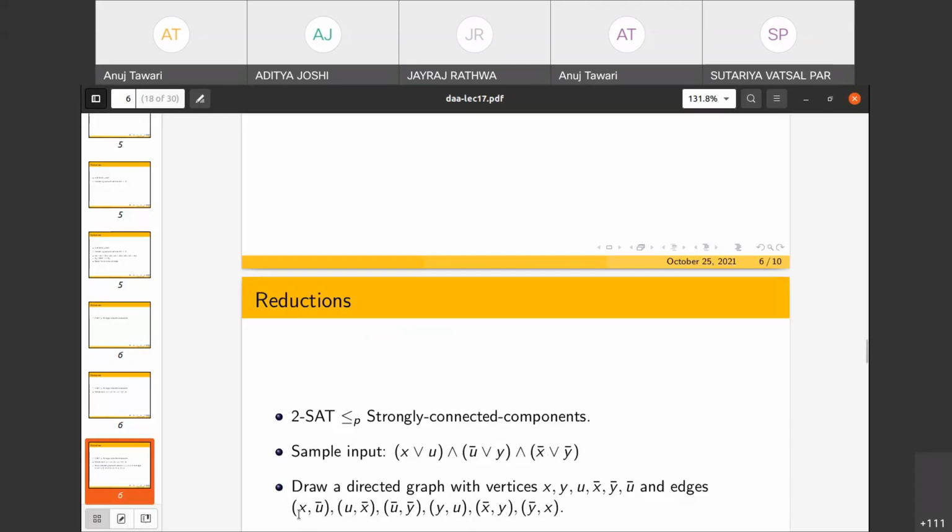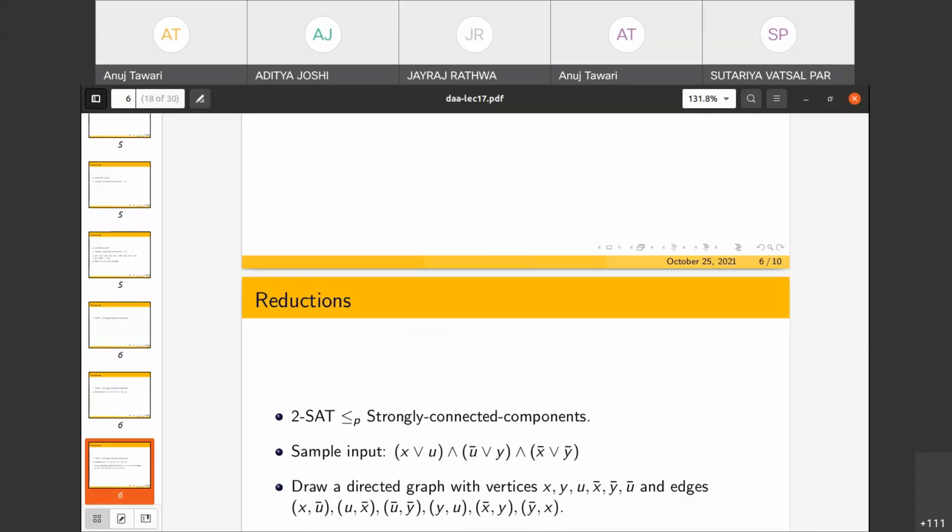So in this case, there is a path from x to u bar, then u bar to y bar, and then y bar to x. Okay. So this is a strongly connected graph. Correct. So for any two vertices, you can find the path from one vertex to another.